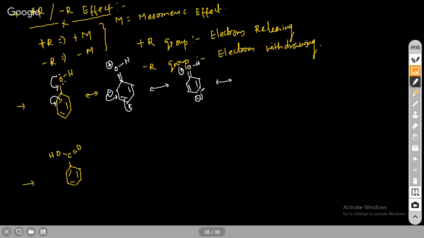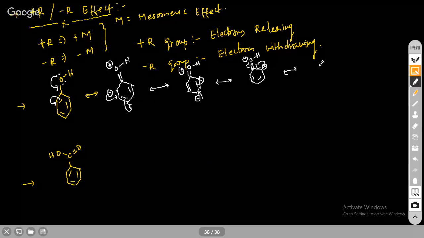In this again, this negative charge comes over here, the double bond goes here, and this will be double bond, negative charge, double bond, OH plus. And the last structure will be when this negative charge comes over here, this pi electron goes here, and we get this: double bond, double bond, double bond, and OH. Is it clear?